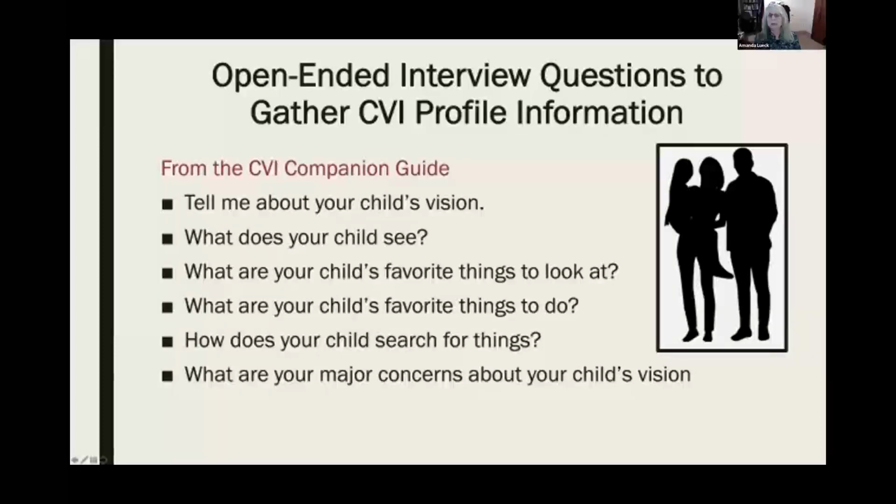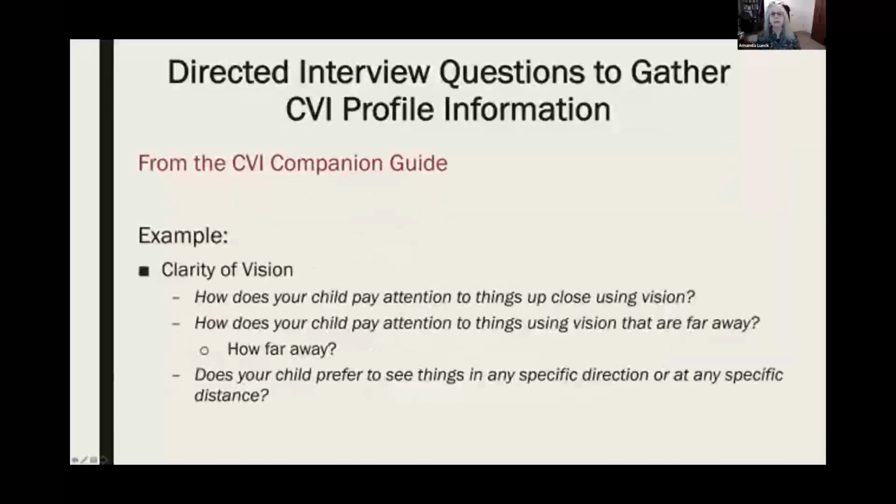Now, I want to give you some examples of directed interview questions to gather CVI profile information. Here are just a few from the CVI companion guide. If you recall, we've got a lot of visual consequences and functional consequences of CVI in the CVI profile.